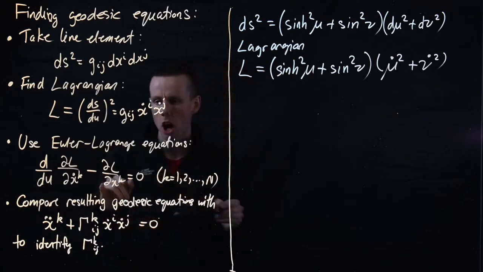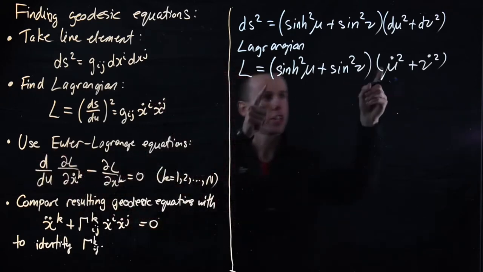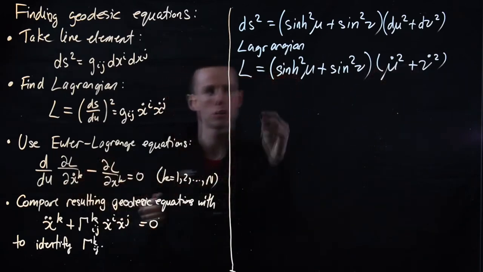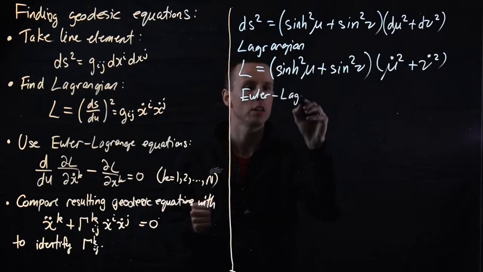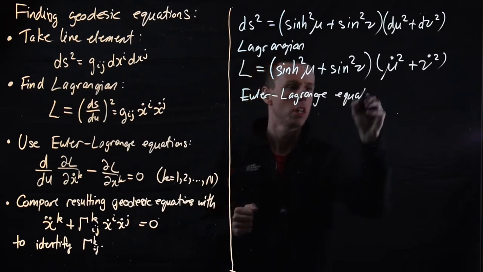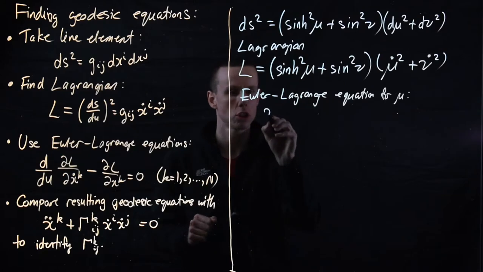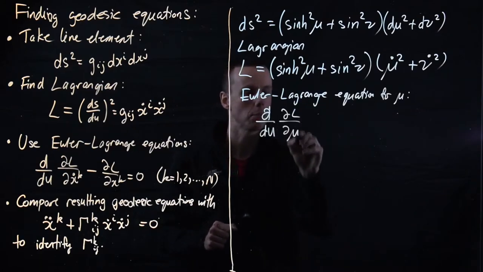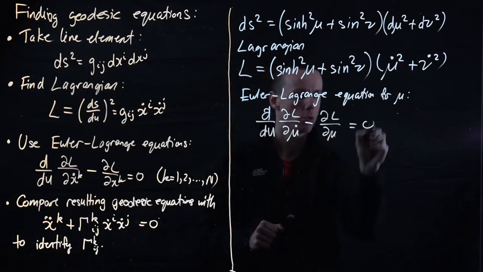And now we go to the next step, which is the Euler-Lagrange equations. Because this is a two-dimensional space, two coordinates, there will be two Euler-Lagrange equations. So there will be an Euler-Lagrange equation for mu, and it will be like this. d by du of dL by d mu dot minus dL by d mu equals 0.